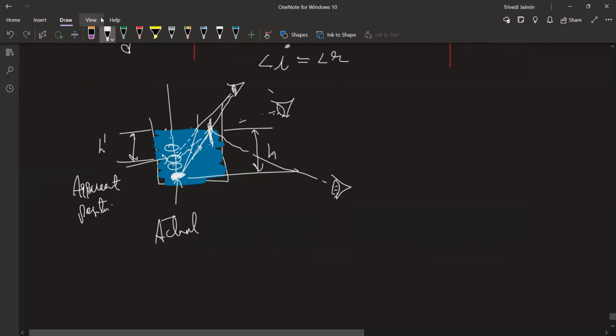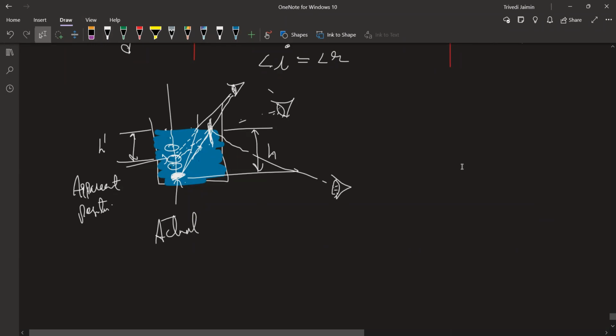Now see, nobody has an idea, fine, no problem. If we're looking from here, it is more than the normal angle, the critical angle. If it is more than that, it is called total internal reflection.